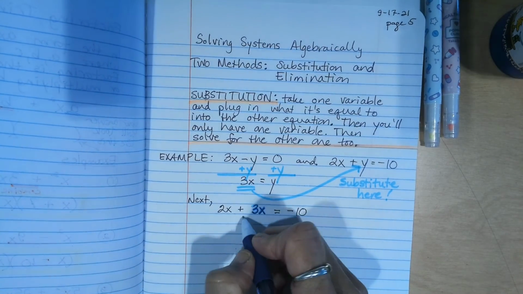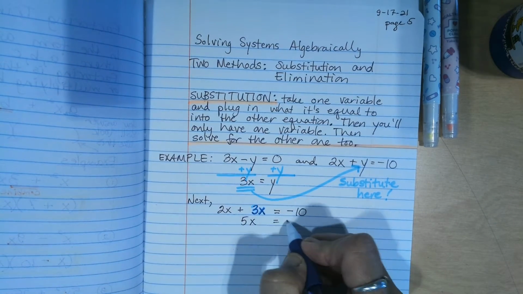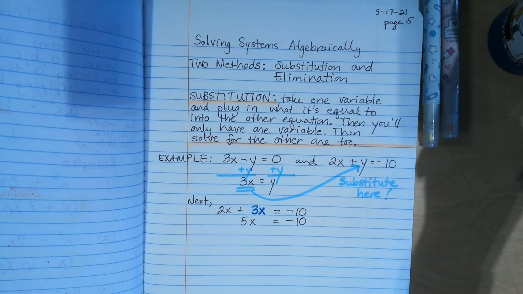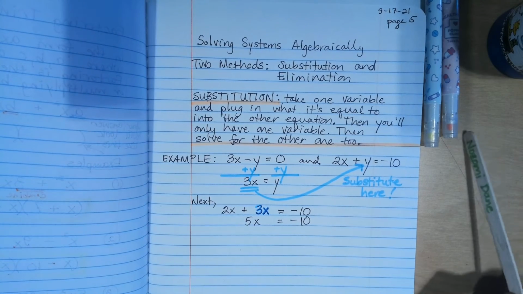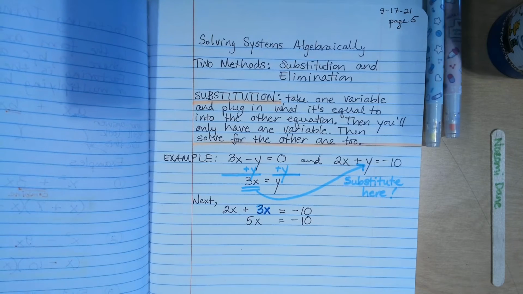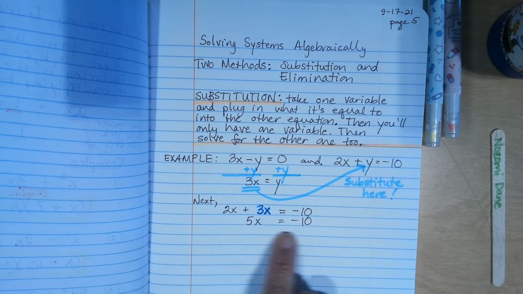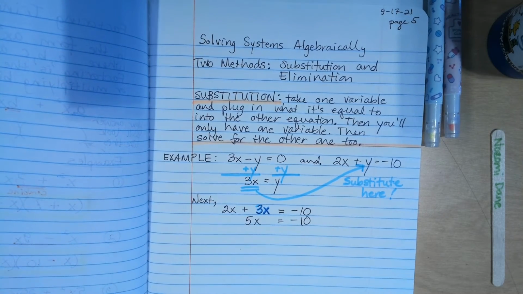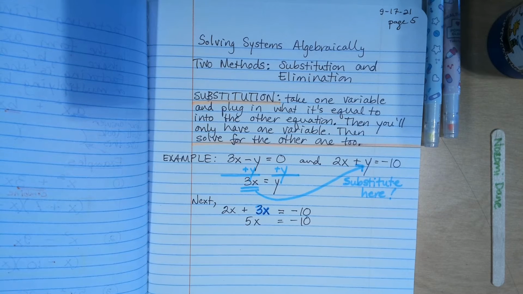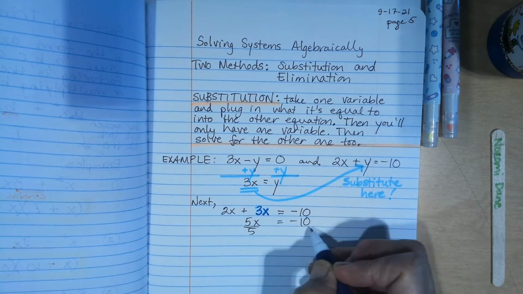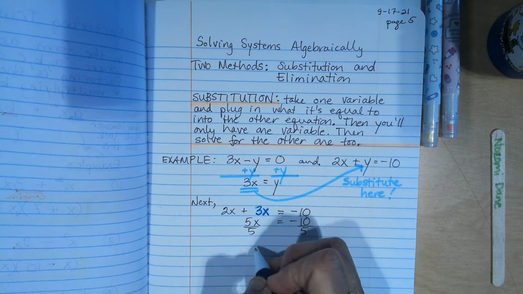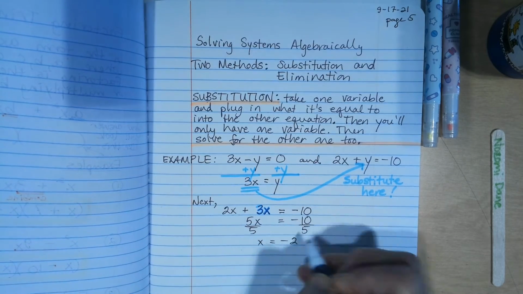Yeah. Okay, so I get 5x equals negative 10. That makes sense, right? Good. And Nozomi? Okay, so I have 5x equals negative 10. What's the next thing you'd do? Yeah, perfect. That's what I would do too. So I get x equals negative 2.